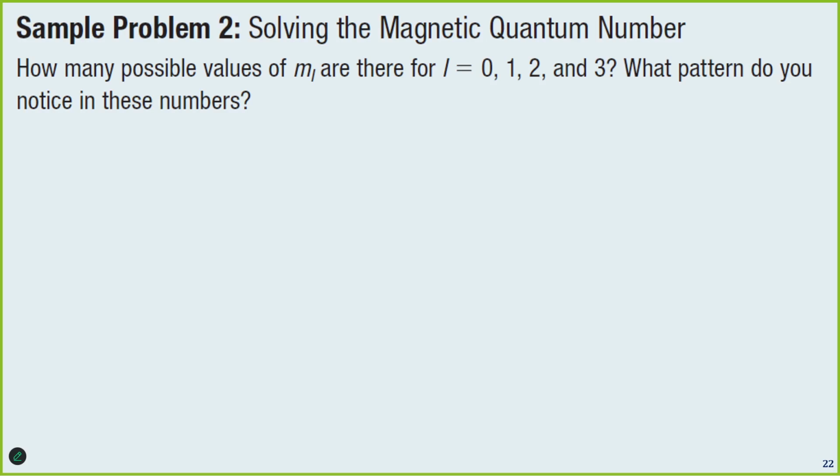Sample problem 2. How many possible values of ml are there for L equals 0, 1, 2, and 3? And can you spot any patterns in these numbers? And again, I'll give you some time to think about this by yourself, and after that we'll have a look at the solution together, okay?